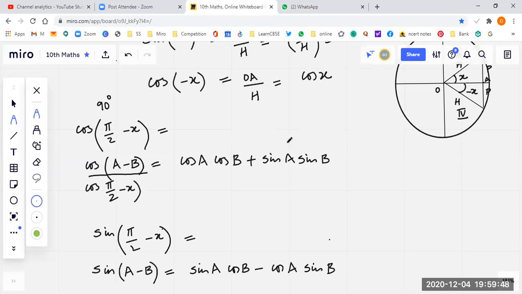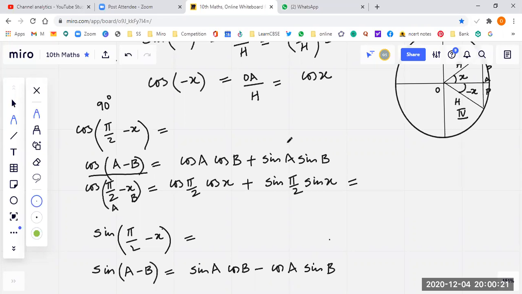would be equal to, can any student tell me now? Put this formula. Cos a is pi by 2 and b is x. Can anyone help me? Cos a will be cos of pi by 2 cos x plus sine of pi by 2 sine x.